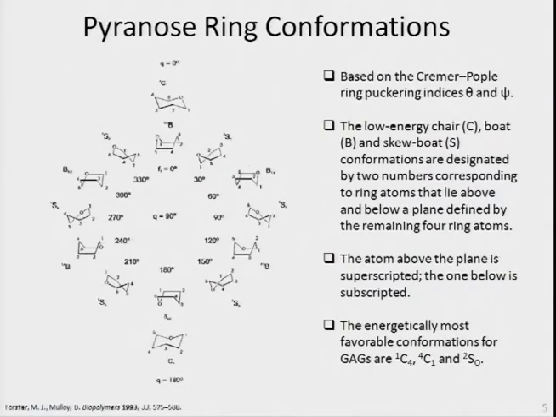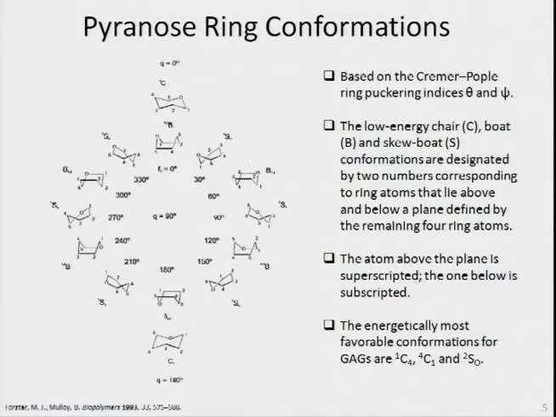Okay, so I apologize if this slide's a little bit hard to read, but the central ring structure in hexoses is derived from pyran, and so they're called pyranoses. This ring is a 6-membered ring with 1 oxygen. And just like cyclohexane, this ring can exist in several different conformations.